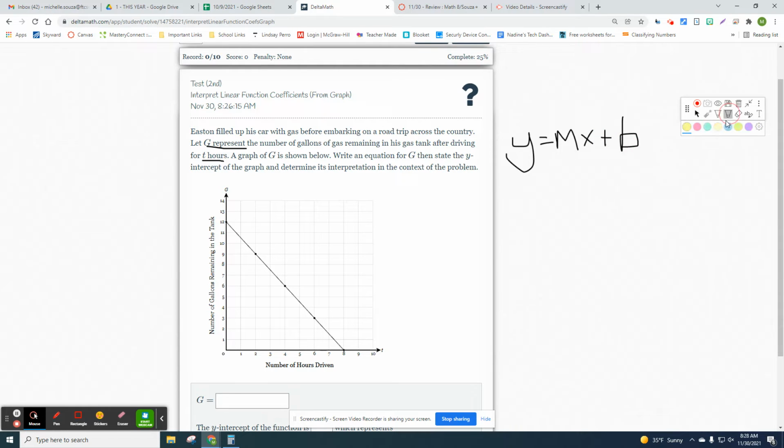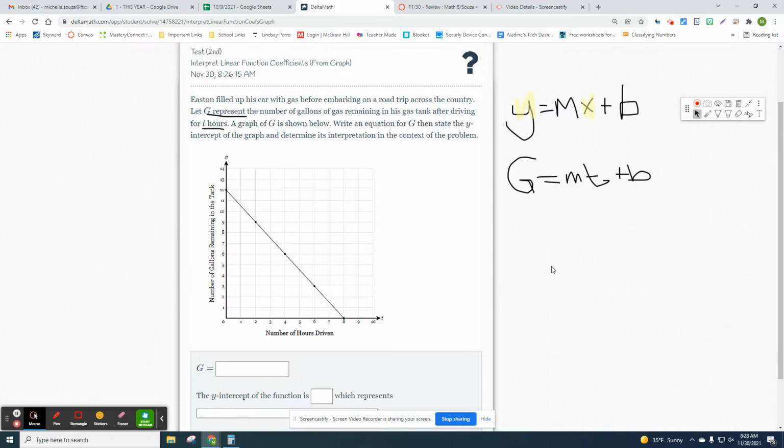The only difference is instead of X and Y, we're writing it as G equals mT plus b, okay?